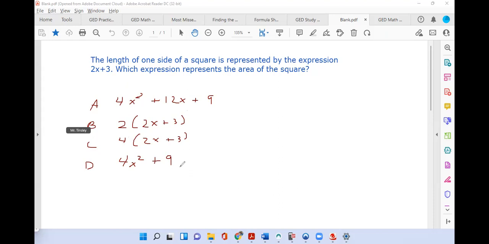Because a lot of times what happens is when I'm going over the problems in these sessions in your one-on-one session, you understand, oh yeah, I got it. But would you have done that yourself? So I want to see what steps each of us take to get this answer. The length of one side of a square is represented by the expression 2x plus 3, which expression represents the area of the square.